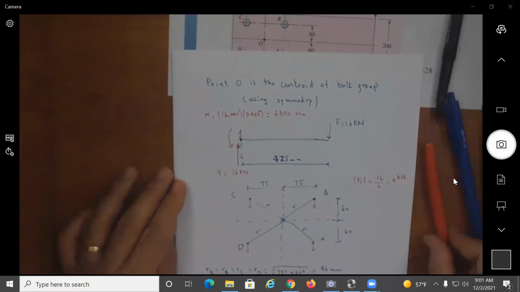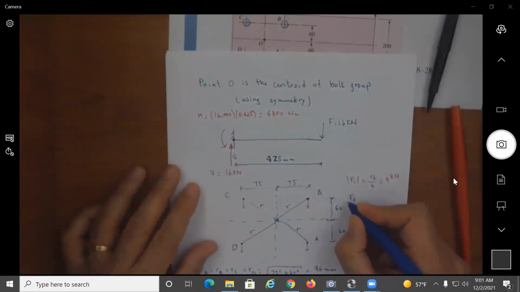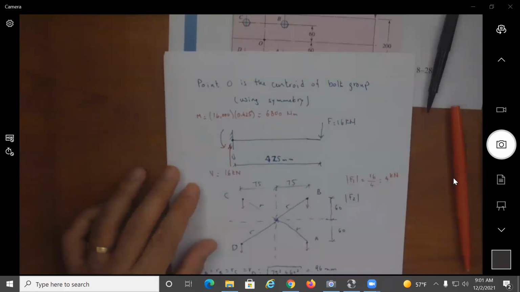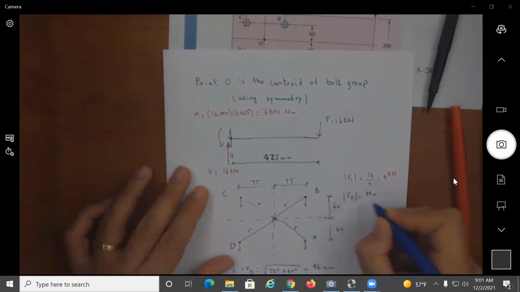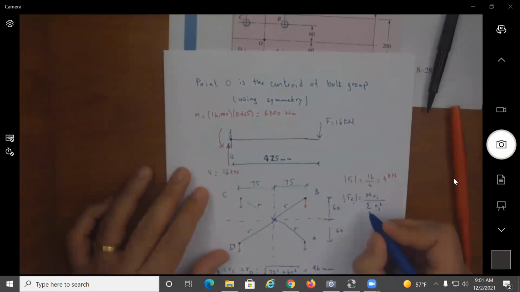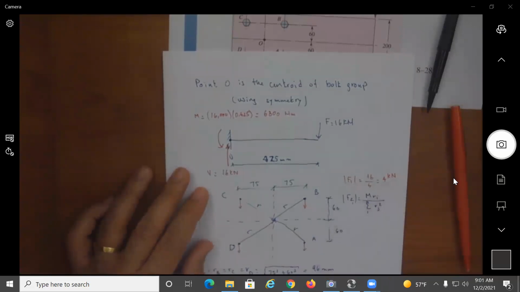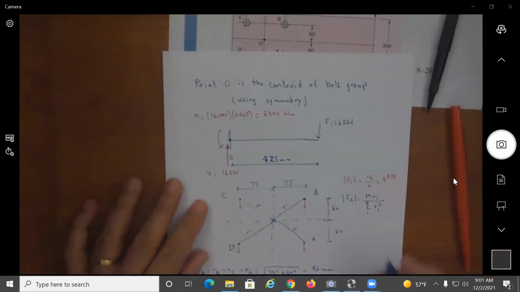Now, what is F2 equal to? The absolute value of F2i is equal to M Ri divided by the sum of Rj squared, from j equals 1 to N. But it happened that all the R's are the same, so that would make it this easy.